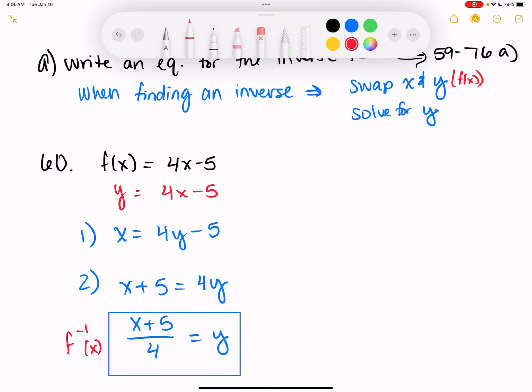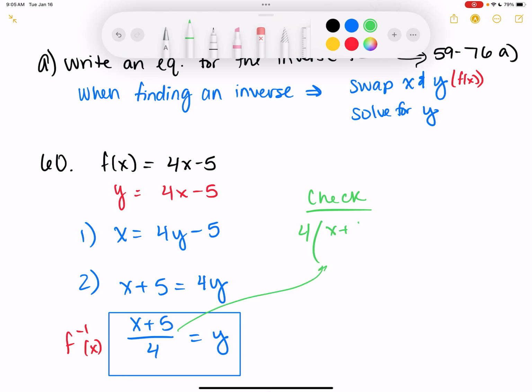So now this is kind of like g of x was before, okay? So now to check it, we are going to take the original function. So 4, anywhere we see an x, we're putting this equation now. So that's going here.